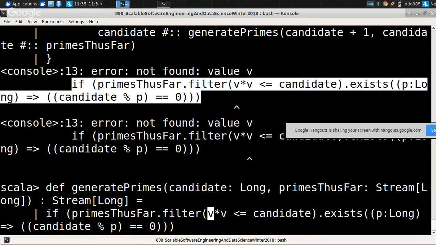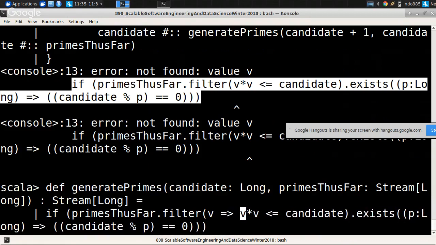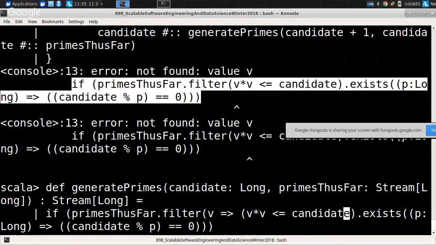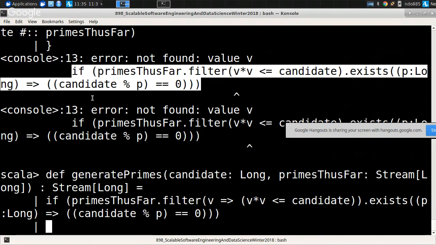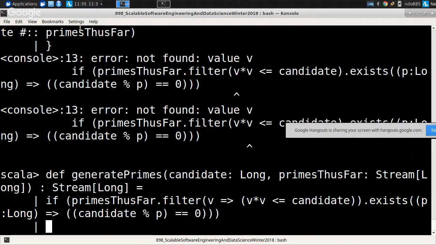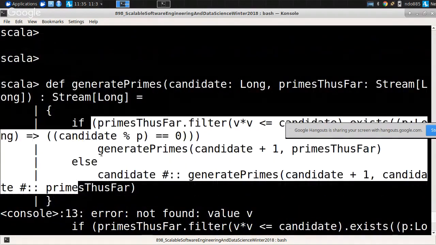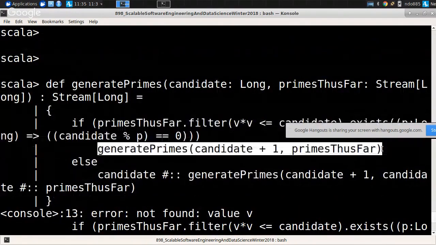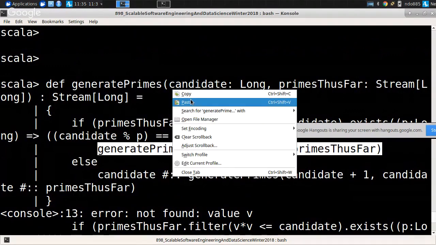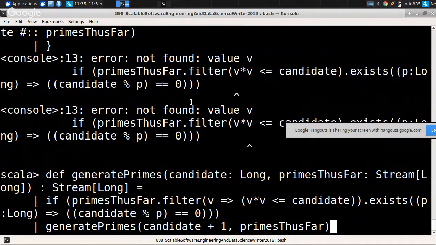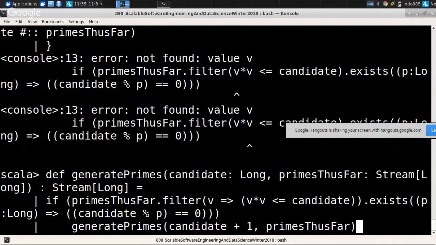Name the V parameter. I need to name the V parameter. So V, just to make clear what this is, okay? And then if that is the case, then generate the primes like this, boom. And let's give it a nice indentation.